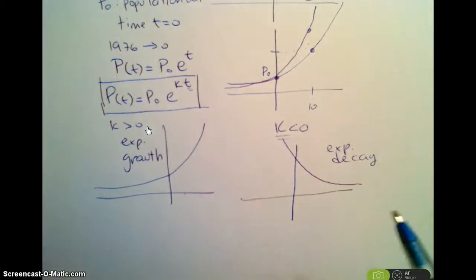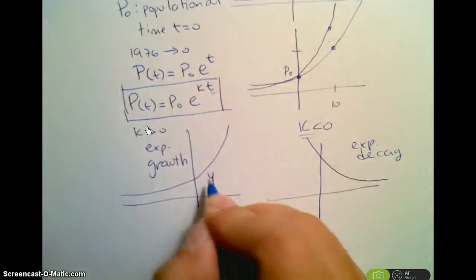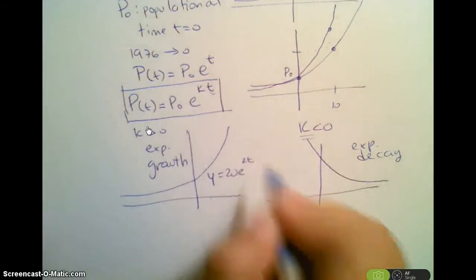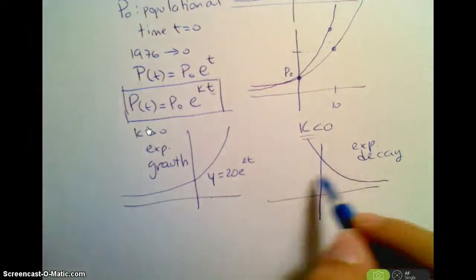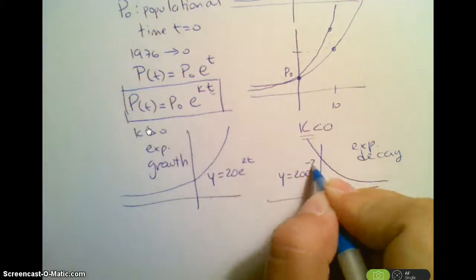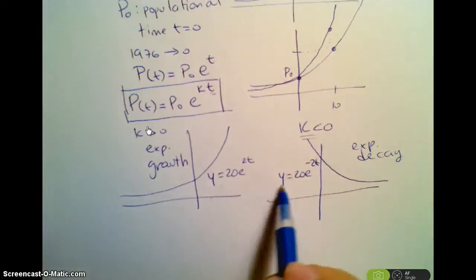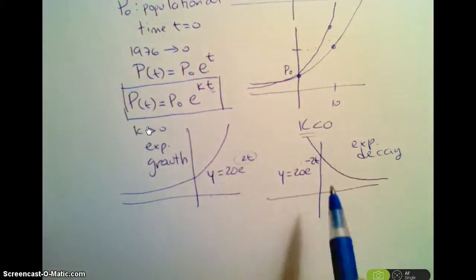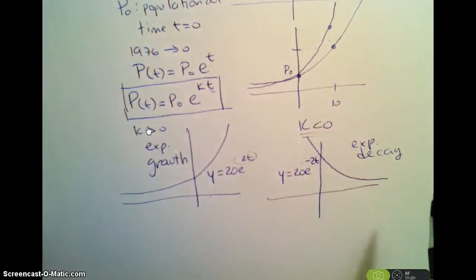So by transformations, if we're talking about an equation, I don't know, let's say 20e to the 2t, then if this one is decaying at the same rate, this one will look like 20e to the negative 2t. Remember that the relationship between these two functions, since the only difference is the sign of the exponent, will be a reflection over the y-axis.